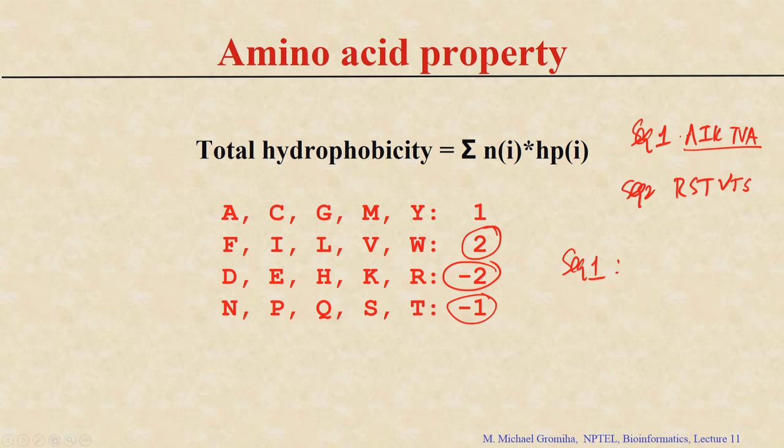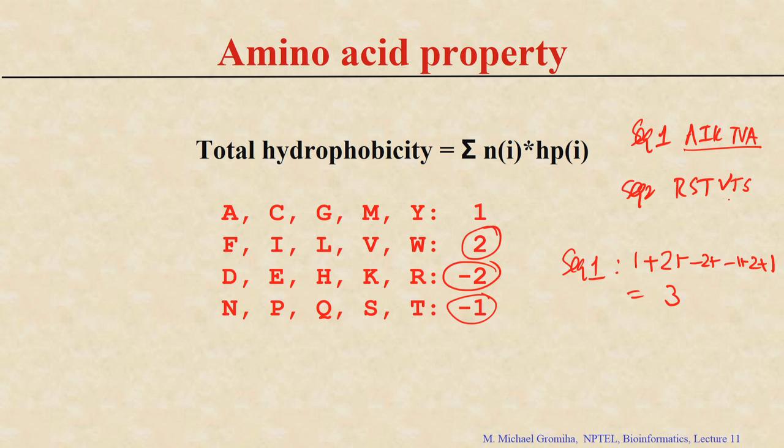A equal to 1, plus I equal to 2, K equal to -2, T equal to -1, B equal to 2, A equal to 1. So this is 3, -3, 0, this equal to 3.